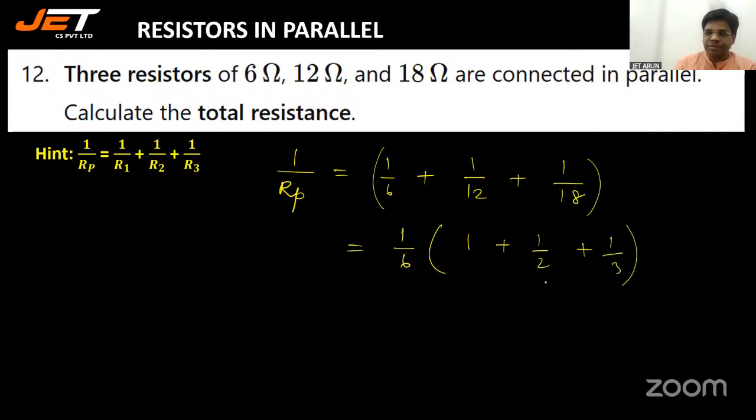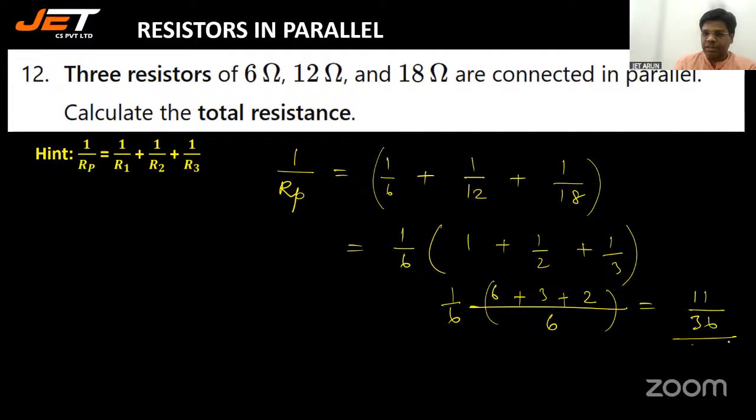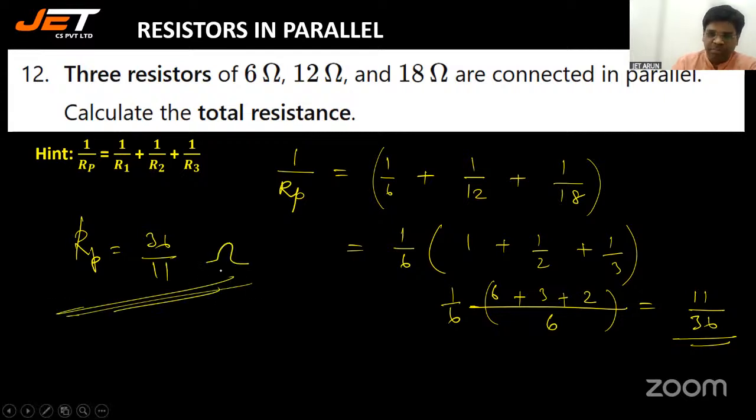Now, what's the LCM of 2 and 3? 6. 6 plus 3 plus 2 into 1 by 6, which is equal to, how much is it? 6 plus 3 is 9. 9 plus 2 is 11. 11 by 36. But RP would be 36 by 11. And that's my answer. Simple.